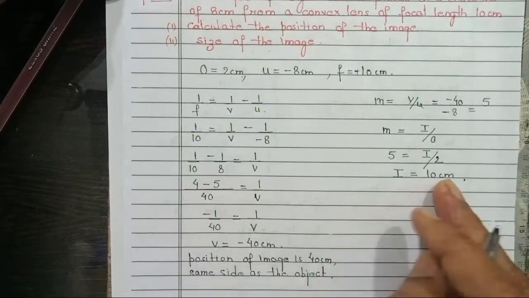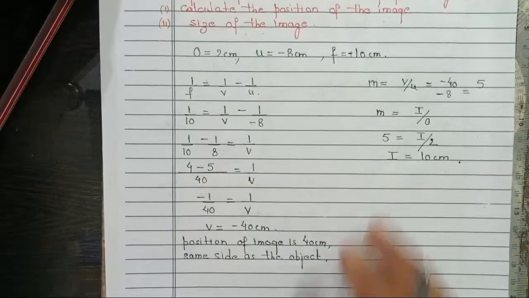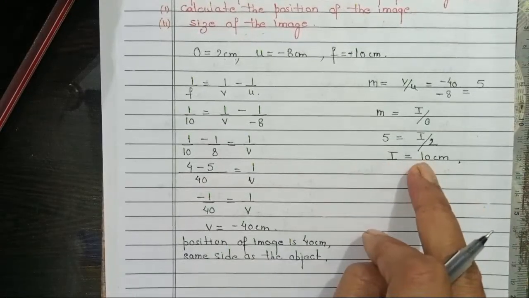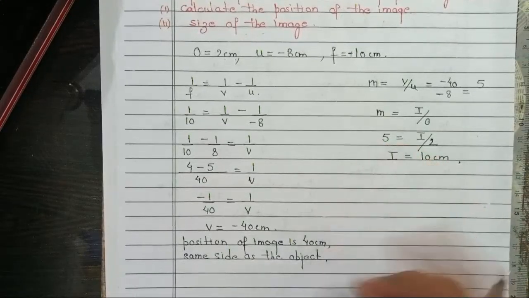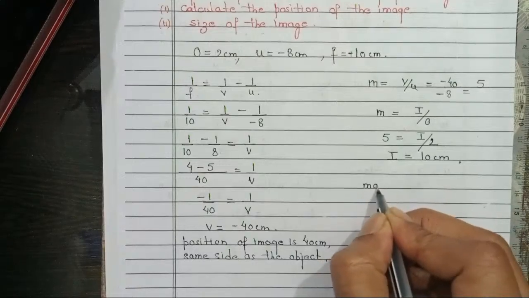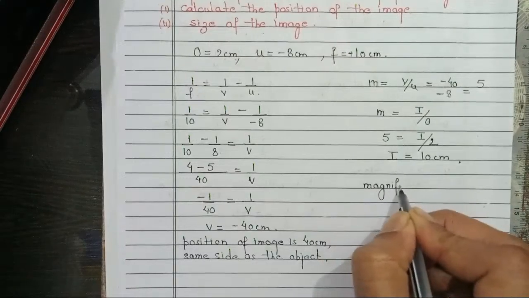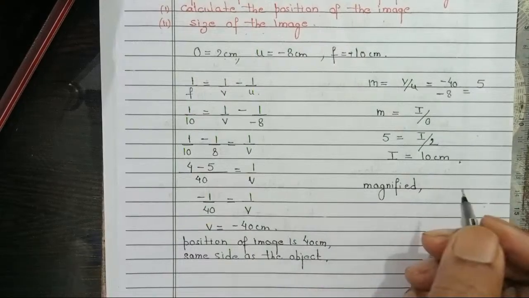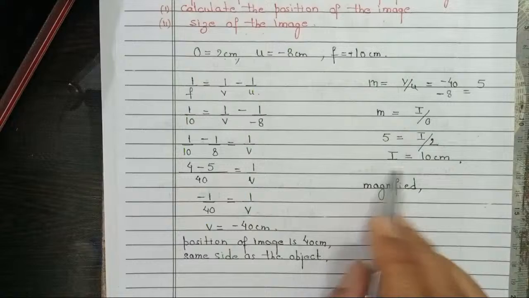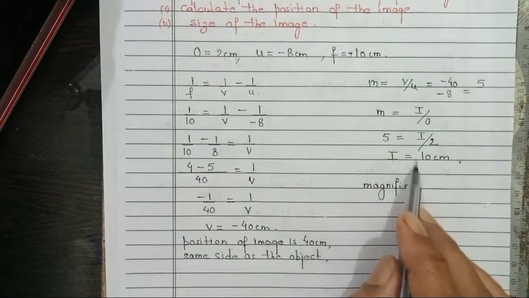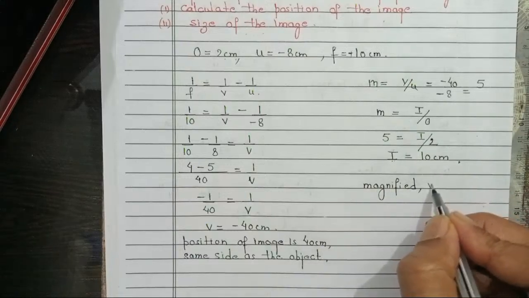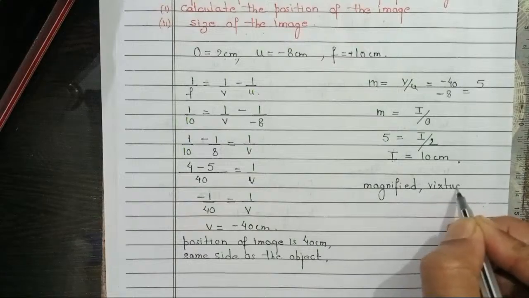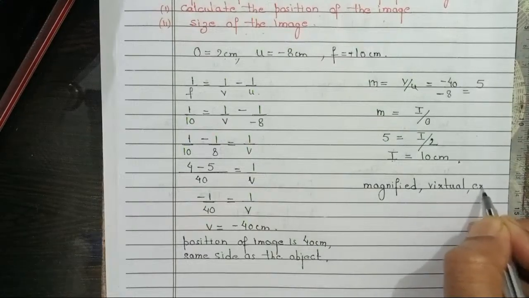If they ask you to write the characteristics of the image, you can see the image is bigger than the object, so it is a magnified image. You are getting the size of the image as positive, so it's a virtual image and a virtual image is always erect.